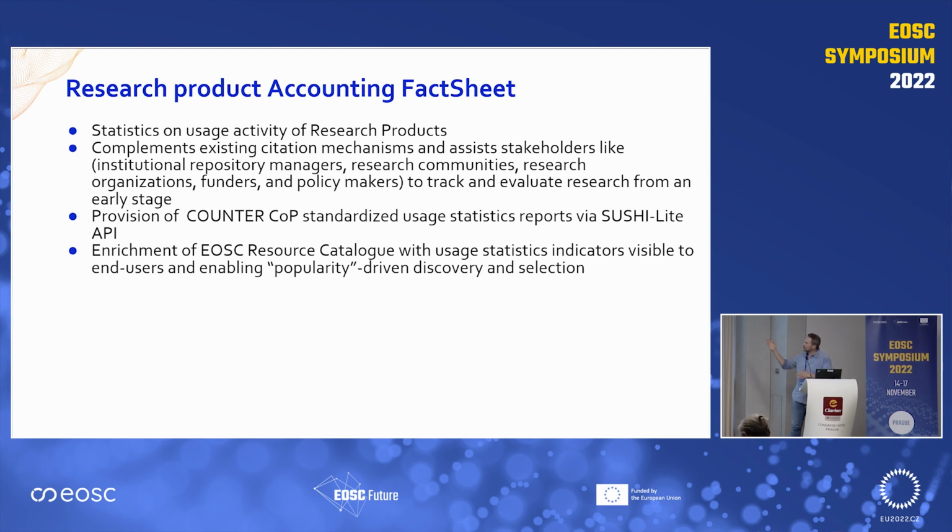As you can see, we are based on standards and technologies, provision of COUNTER codes of practice. We also provide statistics reports via SUSHI-Lite, which is another standard that is designed exactly for that. So everything that we do is available through these APIs. And what is important is that these numbers are one of the many indicators that we all believe should be used to assess science in the future.